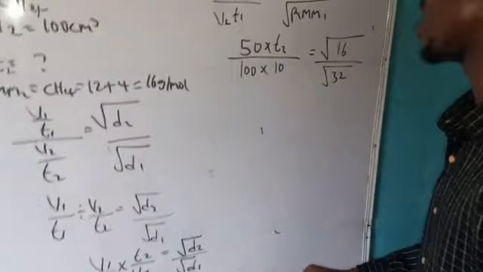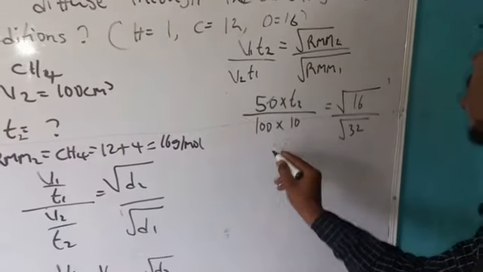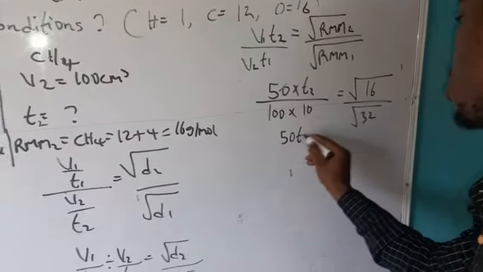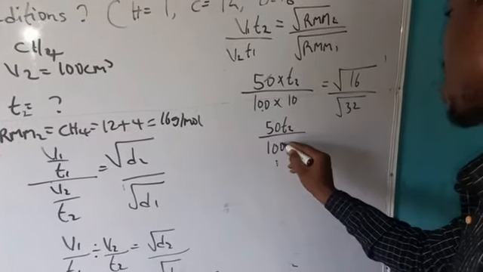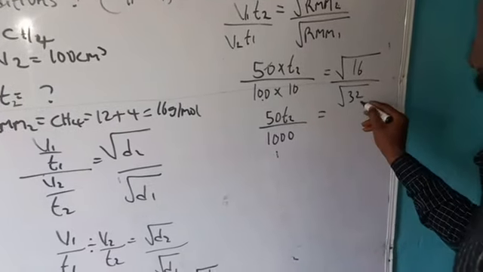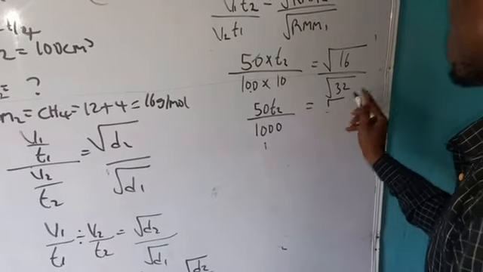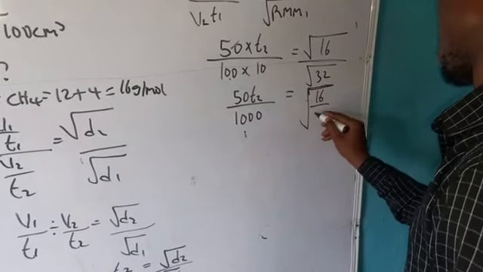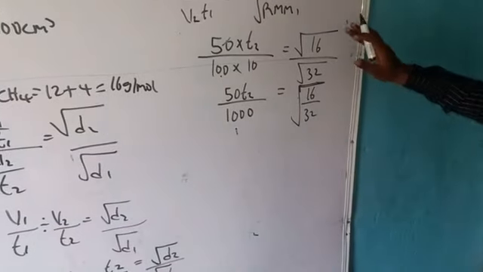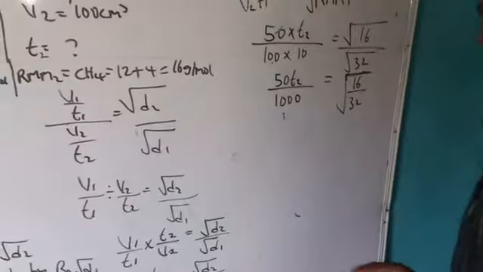So if we continue from there, we have 50 T2 divided by 100 times 10 gives what? 1000, is equal to square root of 16, or we say it's equal to square root of 16 over 32. So we can use one square root to cover this, that's 16 over 32.